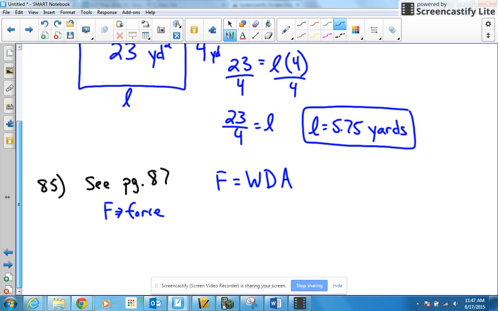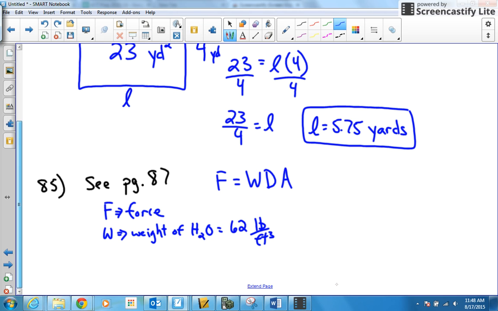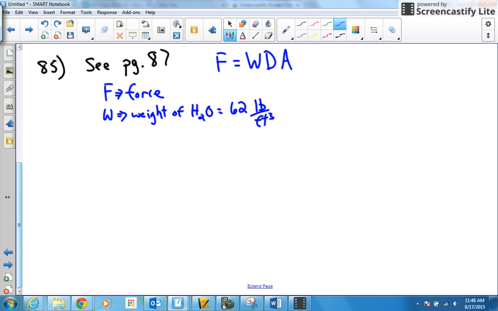In this formula, W is the weight of water, and they tell us that's equal to 62 pounds per cubic feet. And then we're also told the average depth, D, so D is depth, and we're told that it is 32 feet.